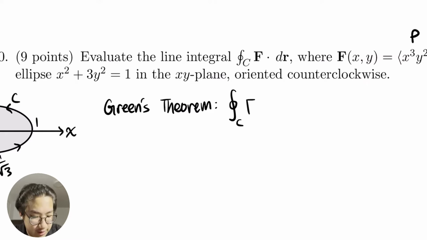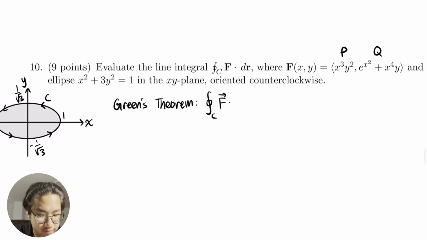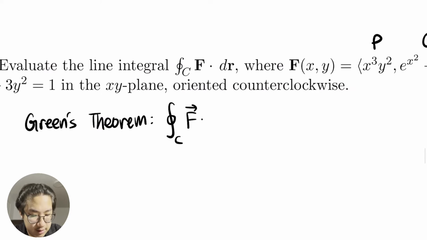So Green's theorem basically helps us relate a line integral to a double integral over a region instead. Because again, from the previous explanation, this question is probably going to be quite difficult to do from the definition, which requires us to parameterize our curve C. So this F dot dr is equal to the following.